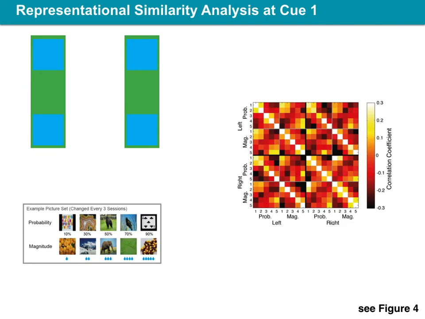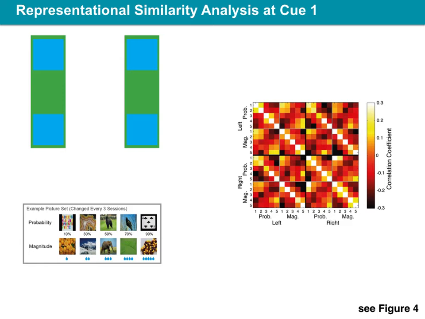And that's what we see here. So each pixel here reflects the correlation coefficient between 2 different conditions in the orbitofrontal cortex, between the neural population response. And again, this is 100 milliseconds to 500 milliseconds after the stimulus was first presented.